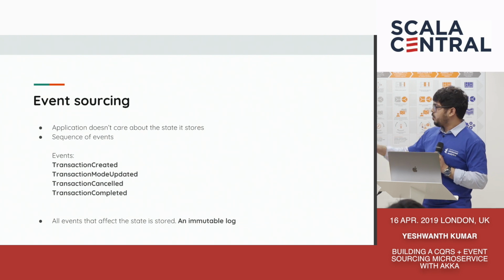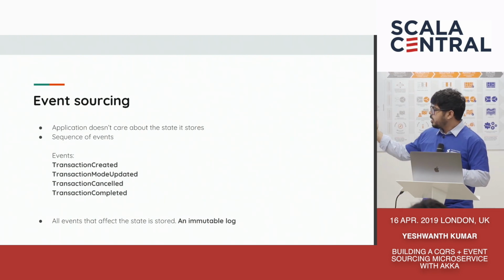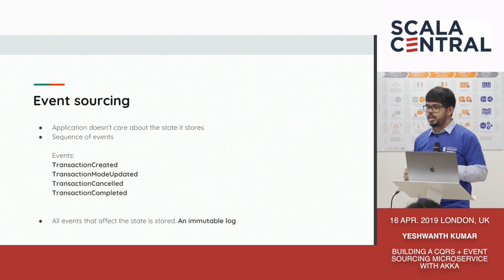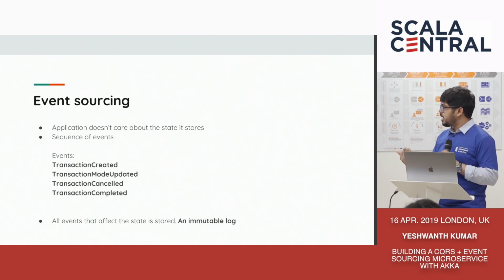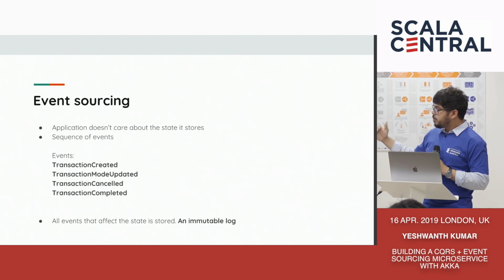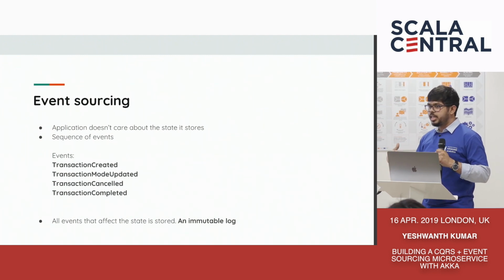For instance, you can see the events over there: transaction created, transaction model updated, transaction cancelled, and transaction completed, right? Similarly, when a user logs in or signs up, and they change their name or their address, they're all stored as an immutable log, from which we then build our view of projection.